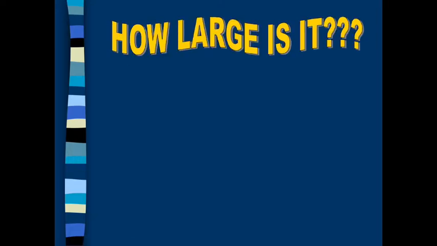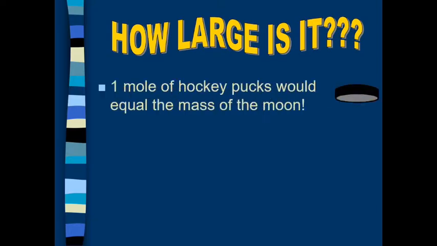So if we were to look at something large scale, things that you could actually see and not something tiny like an individual atom, how large is Avogadro's number? Well, if you had 1 mole of hockey pucks, that would equal the mass of the moon. So that's 6 times 10 to the 23rd hockey pucks.